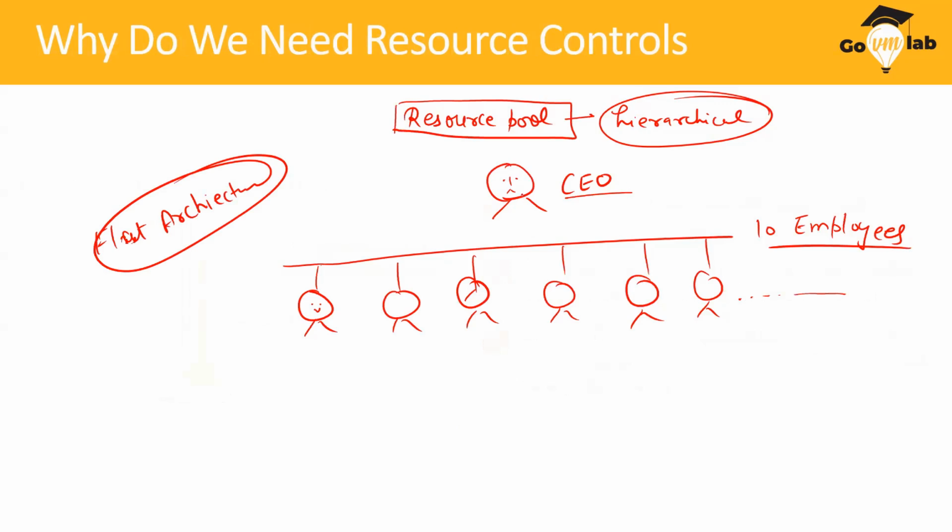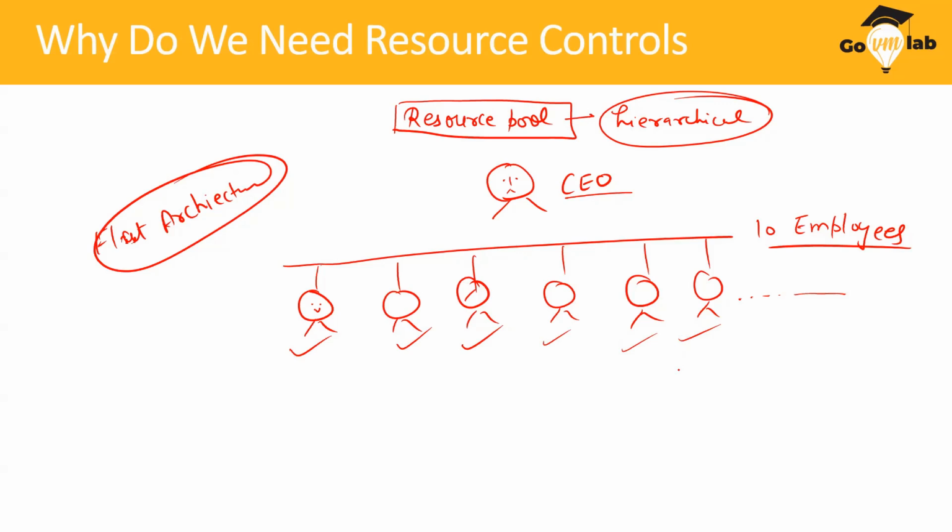Whenever any appraisal comes into the picture, the CEO himself knows who is doing what and what you are supposed to do. So in this example, the CEO can keep track of every employee's requirements, resources, and expectations, and accordingly do the appraisal. It is fine, it makes sense, it is a very simplistic architecture.